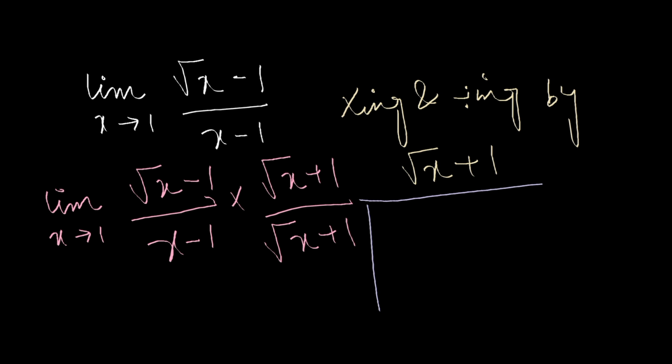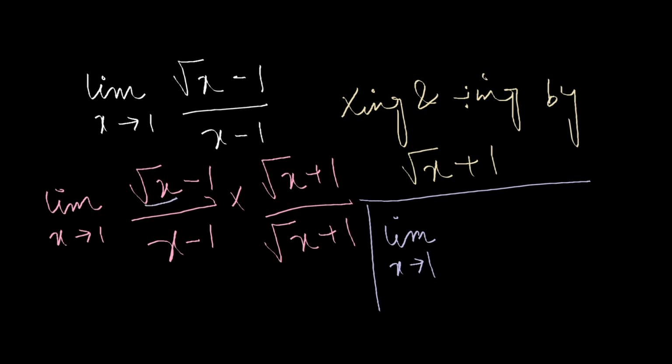So this is the formula, a minus b into a plus b. We all know the formula a minus b into a plus b is equal to a square minus b square. This is a, this is b.